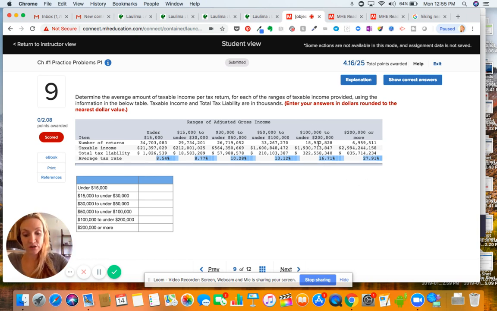And so you can see 100 to 200,000. It's not an exact range, but 16% is still pretty low considering the bracket. The point of these averages, if I didn't state this clearly: average tax rate is tax liability, this amount, divided by taxable income.